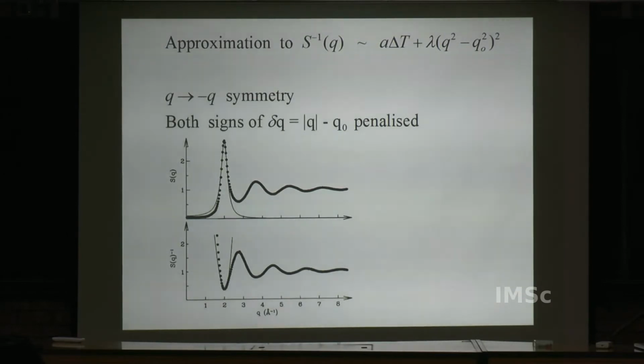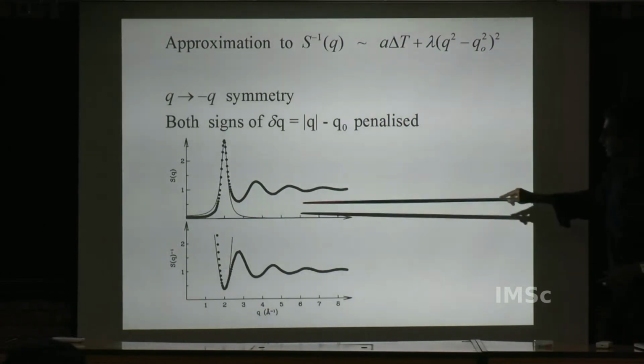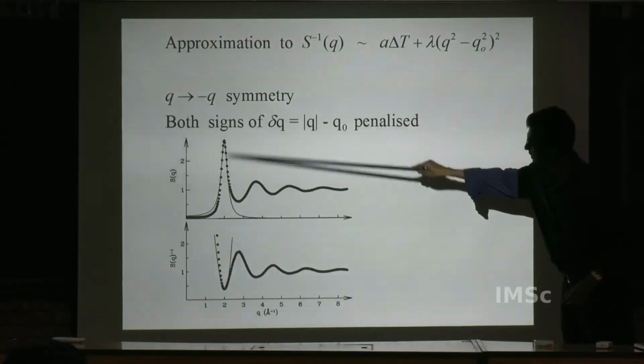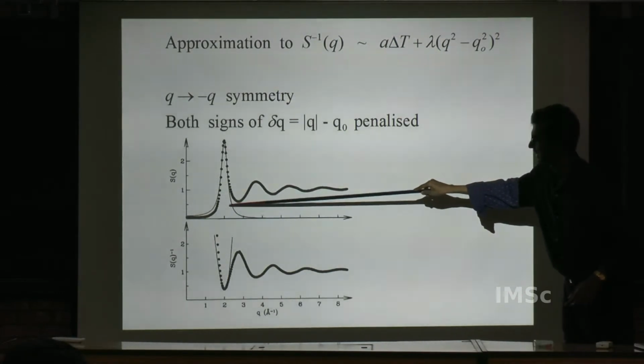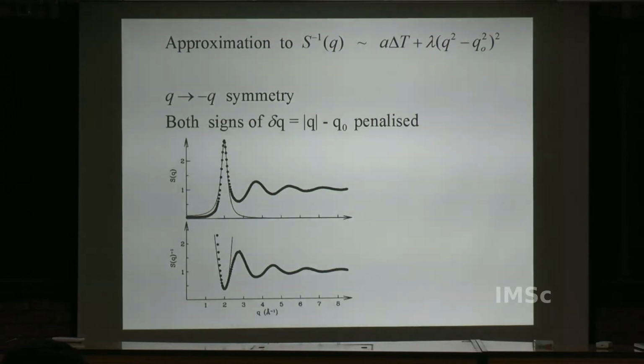Okay, and fluctuations around q0 on both sides are penalized, which is made using this square, because otherwise, sometimes it will be plus, sometimes it will be minus if q is more than the preferred q. So that's why this square, but at the same time they are not equally penalized, in the sense that this is not a symmetric function about that q0. This side and that side is slightly different.